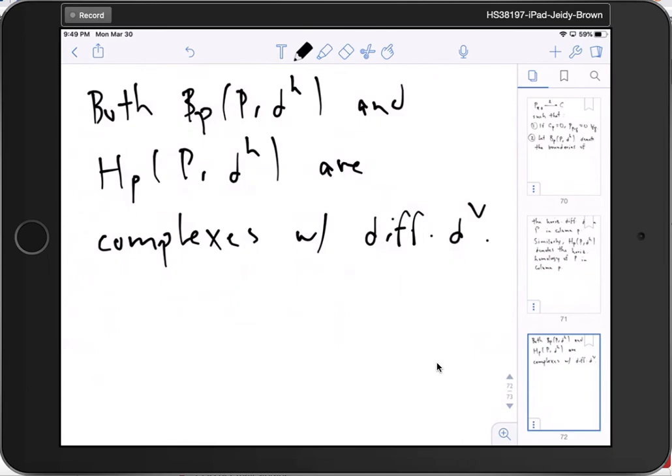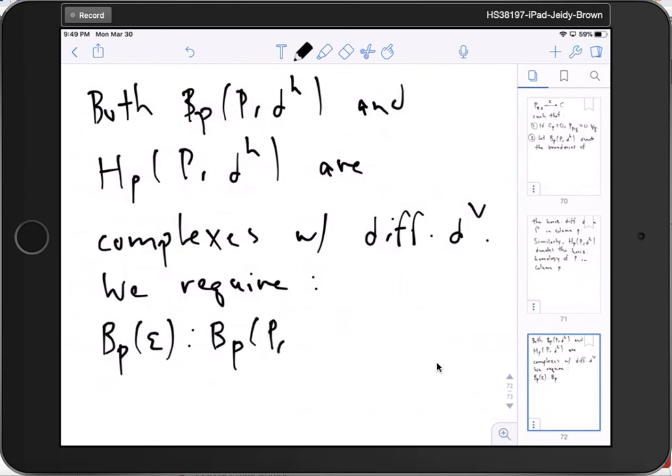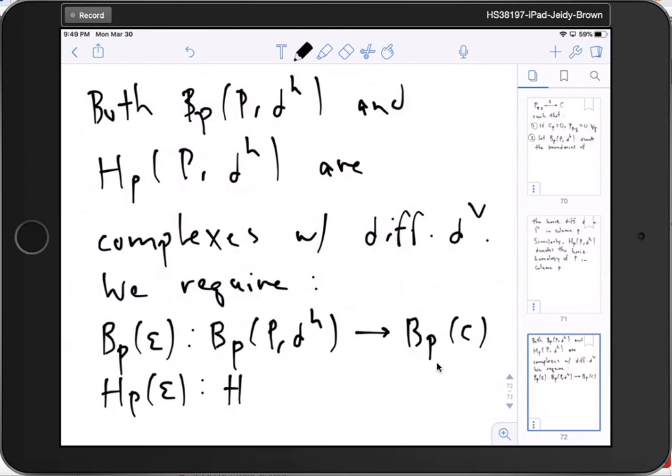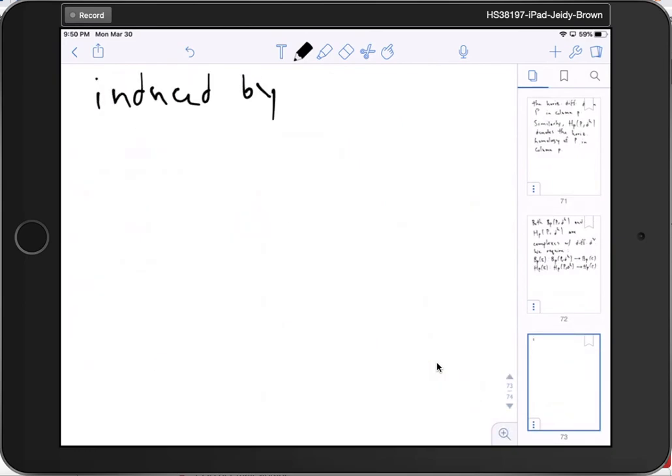And finally, the requirement is that the map B_p(epsilon), the map induced by epsilon from B_p(P, d^h) to B_p(C), and similarly the map induced by epsilon on horizontal homology, so the maps are induced by epsilon, but in any case, these maps are projective resolutions. Okay.